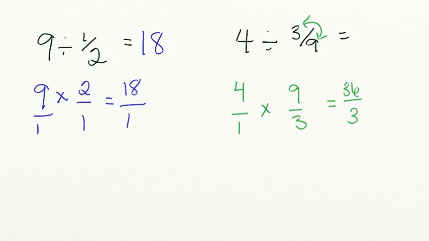But we can go one step further and simplify this if we divide our numerator and our denominator by 3. 3 divided by 3 equals 1. 36 divided by 3 equals 12. So 4 divided by 3/9 is equal to 12 wholes.